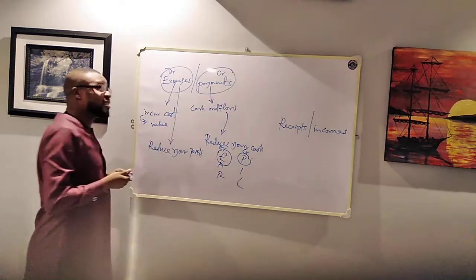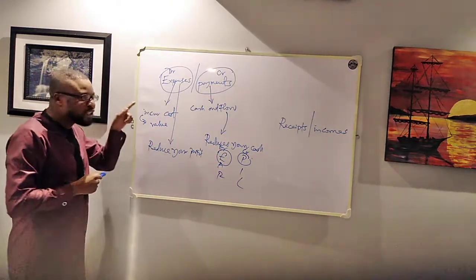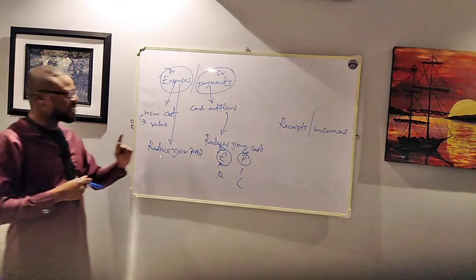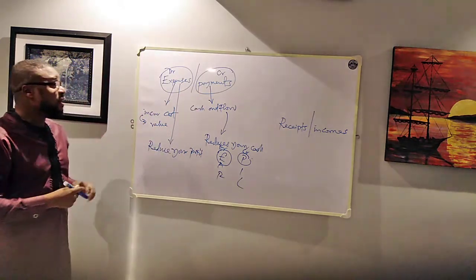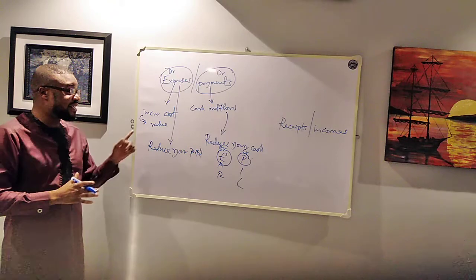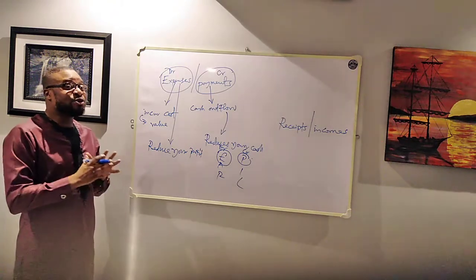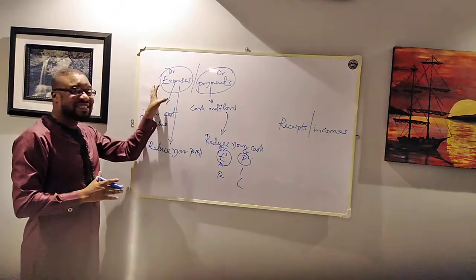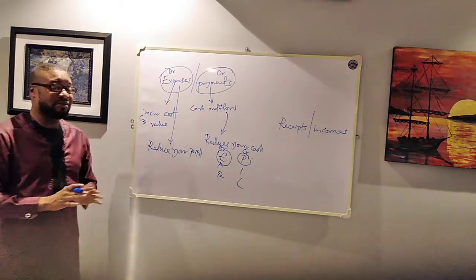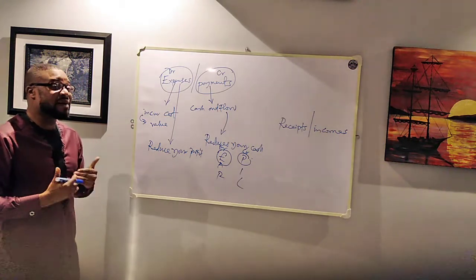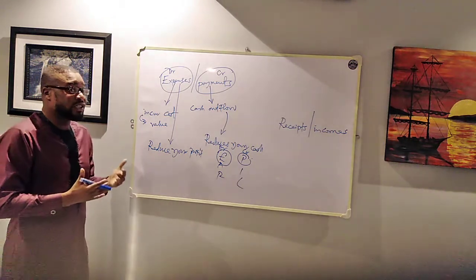So if the rule is telling you to always debit your expenses and always credit your payments, then it is simply telling you that, in accounting, though they look alike, expenses are totally and absolutely different from payments. I can be making a payment and I'm not incurring cost.